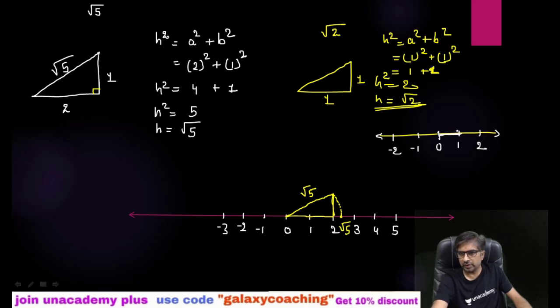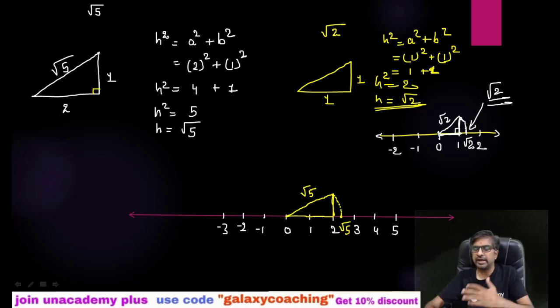Now height is also 1, perpendicular 1 centimeter. So this hypotenuse will be root 2. Now keep your rounder or compass needle here, pencil here, and draw an arc. The arc will intersect somewhere here, so this will be root 2. This point will be root 2. So this way you can represent any term with root on a number line.